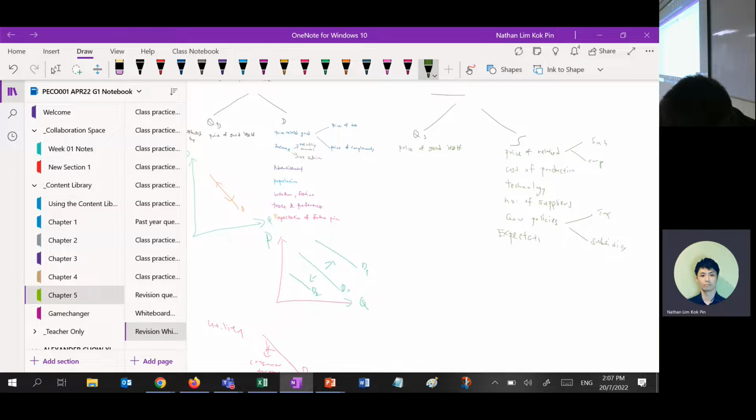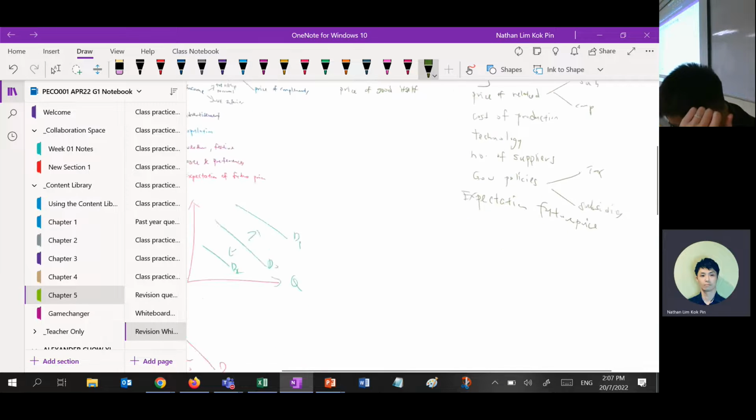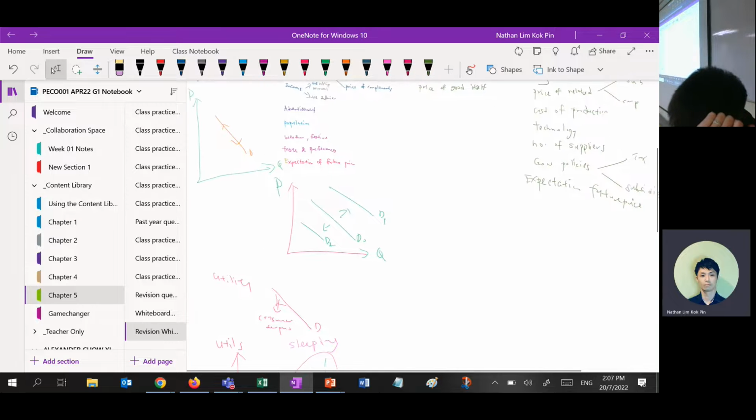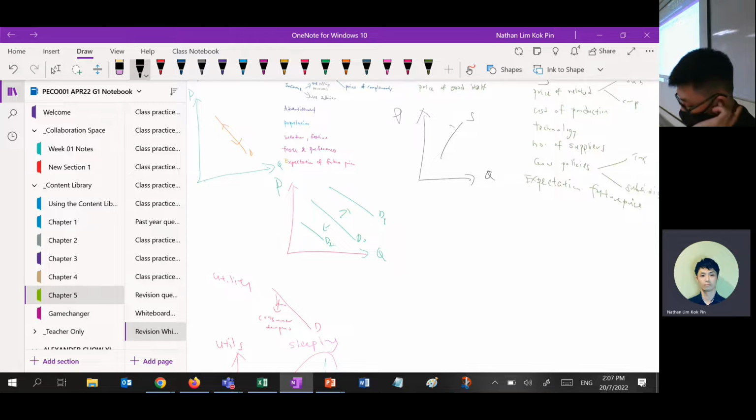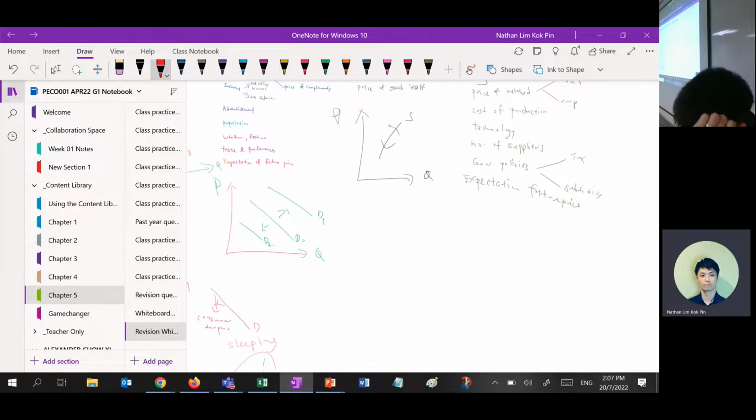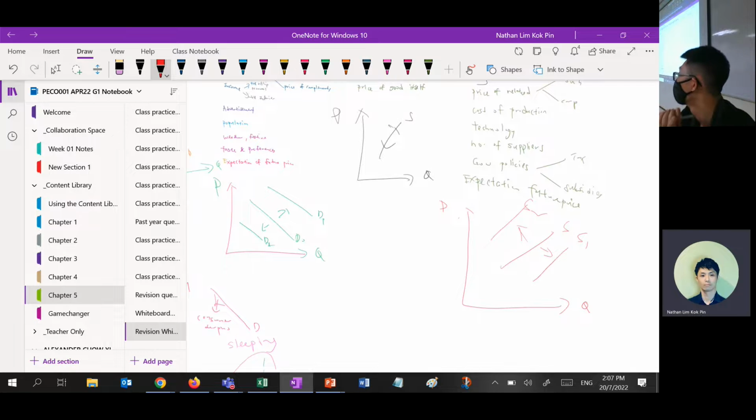Make sure when you write expectation, I want to see the words future and now. Okay, future and now. So the price movement along itself for quantity supplied will be like that, and for supply shift, it will be like that. Okay.